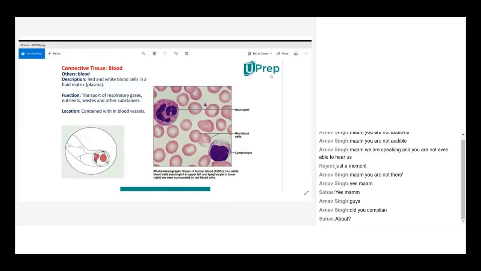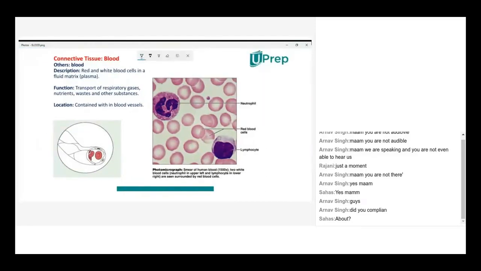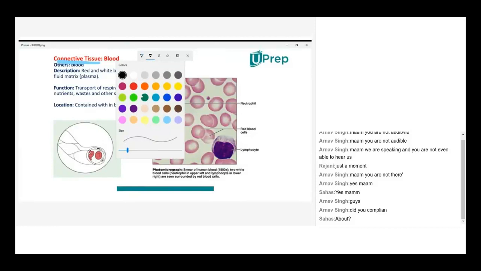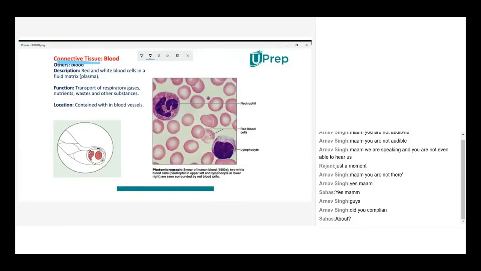This is how blood is called a connective tissue. We'll describe. When we talk about connective tissue, generally the connective tissue is made up of cells filled in matrix. That's the basic point. Wherever you find the connective tissue, you will find cells. Along with cells, you'll find matrix.